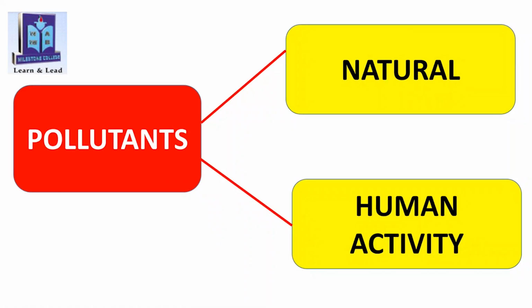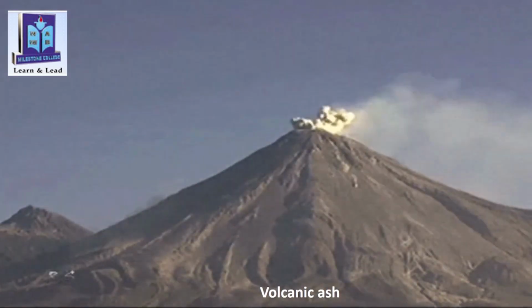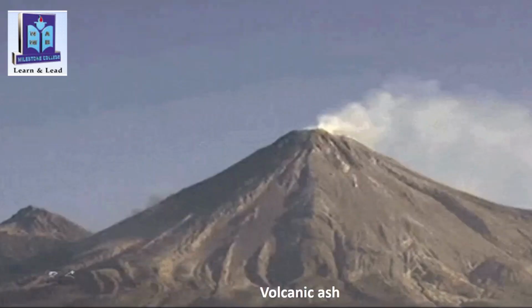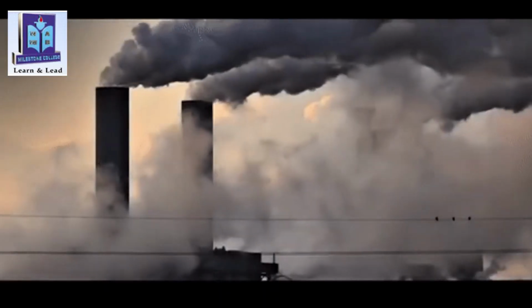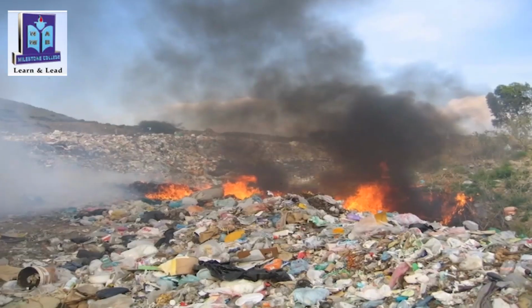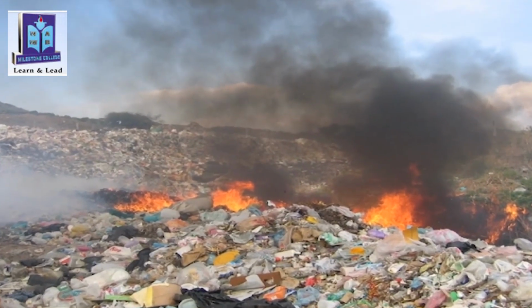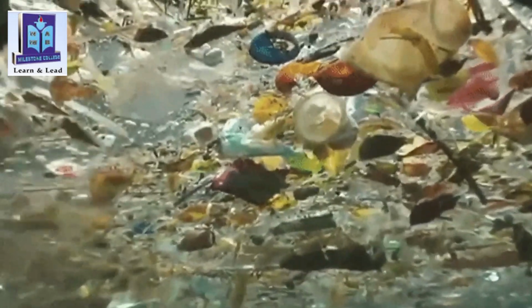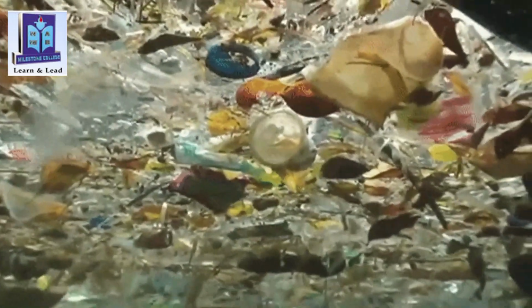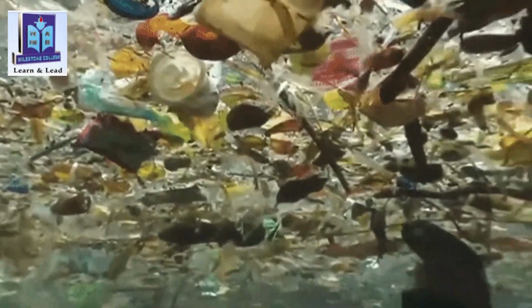Pollutants can be natural, or created by human activity. Volcanic ash and smoke from forest fire are natural pollutants. Exhaust gases from factories, smoke from burning plastics, trash in water or land are pollutants created by human activity.